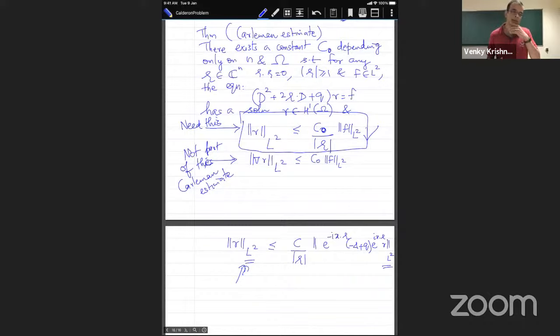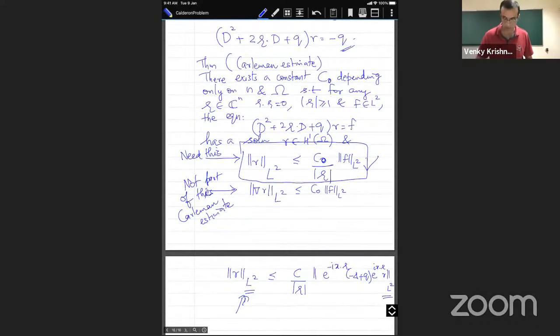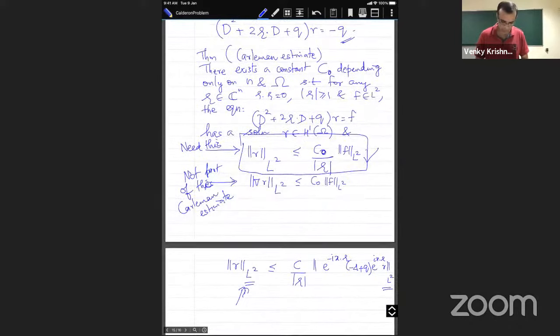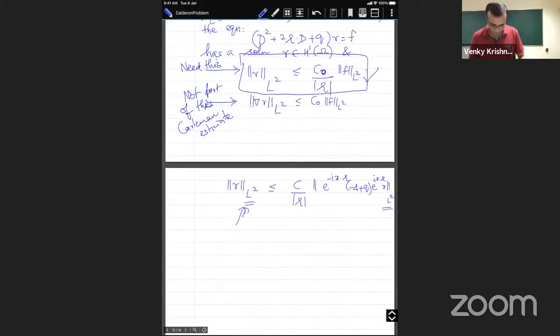In fact, instead of just the 0th order term, maybe I'll just mention this. Let me just complete the thought process here, and then I will mention some of the extensions of these problems. So suppose we have derived this Carleman estimate, and I'm not going to give the proof of this.